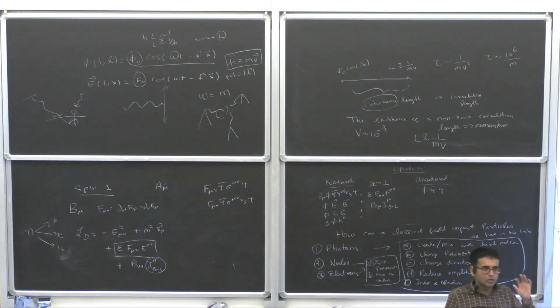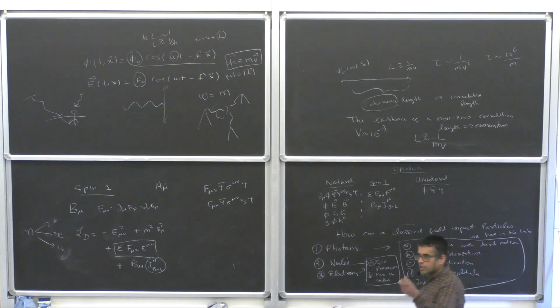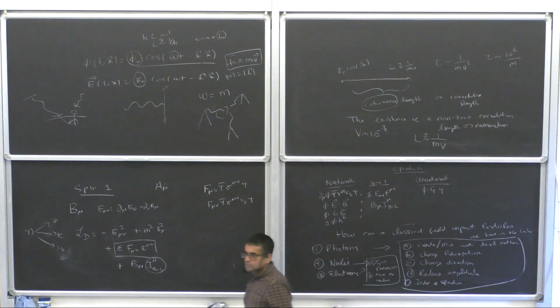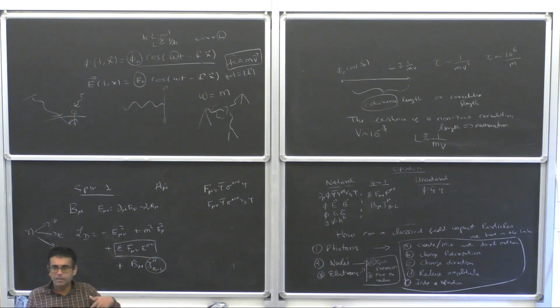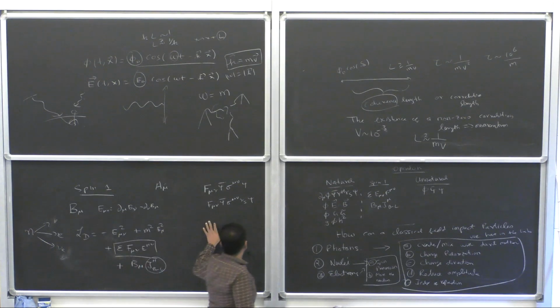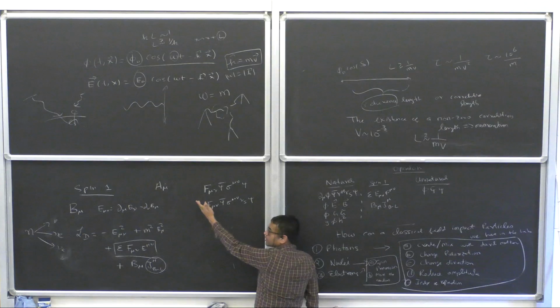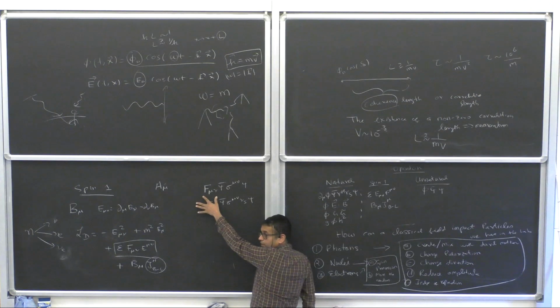So even though the neutron is not charged under the photon, and is not attracted by the photon, nevertheless, if I apply a magnetic field, the spin can precess. This is also automatically gauge invariant because I just have this F mu nu in there, and F mu nu is gauge invariant.